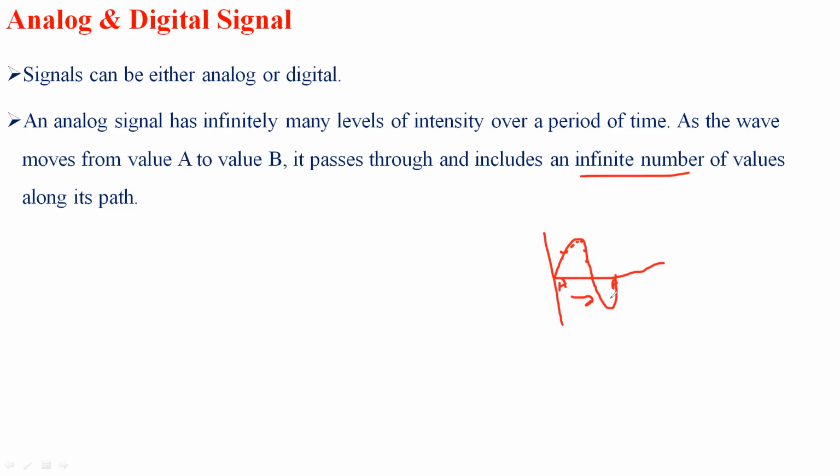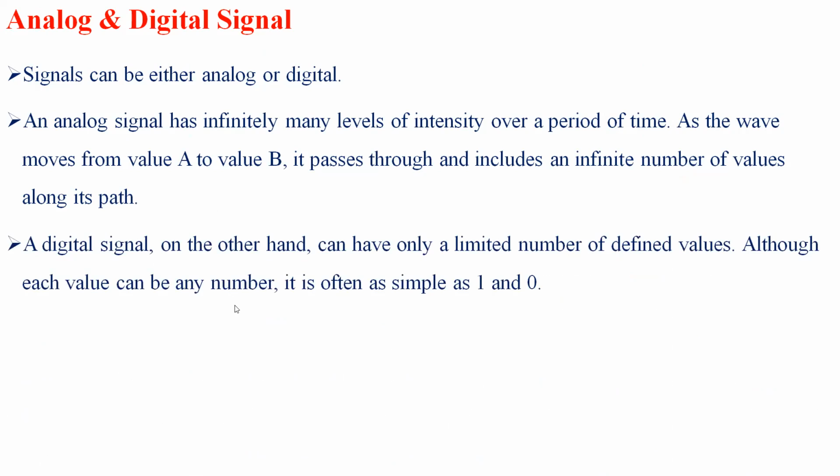So this is an example of analog signals. An analog signal has infinitely many levels of intensity over a particular period of time. The best example is a wave which moves from a value A to a value B.